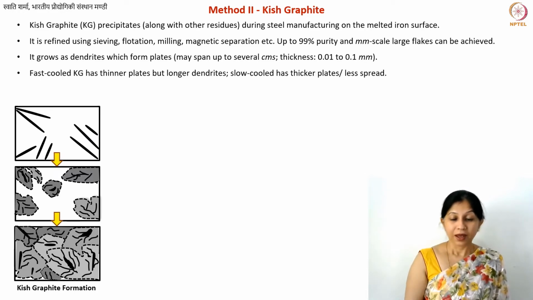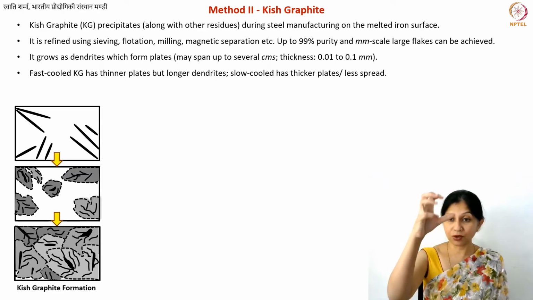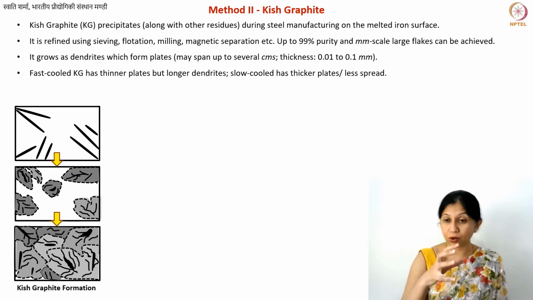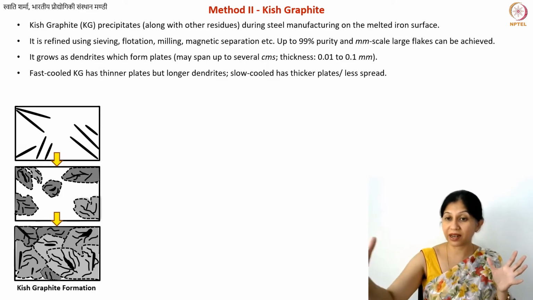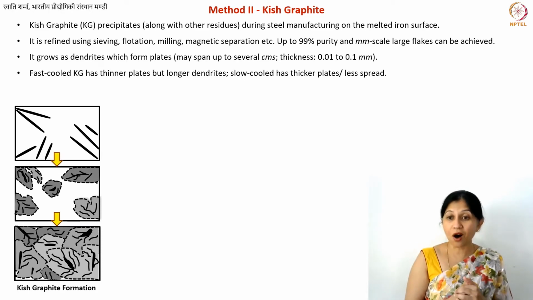Now, as I mentioned, only when you cool the alloy do you get this graphite film. By controlling the cooling rate, you can have slightly thicker graphite flakes, but in that case the dendrites may not be long. It depends, you can choose the conditions.